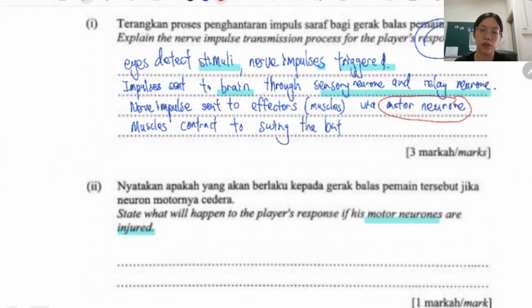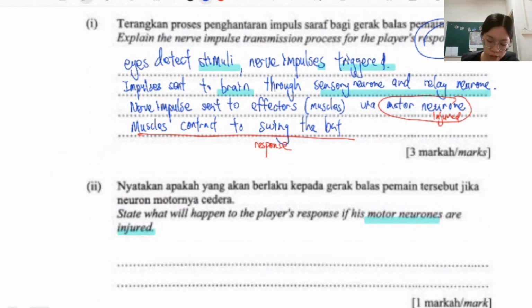Injured means it can't really do its function. So when this part is injured, what will it affect? It will affect the response. First of all, initially it can contract to swing the bat, because the motor neuron can send the nerve impulse to the effector, but now cannot send. So cannot send to the effector, therefore your muscle cannot contract to swing the bat.